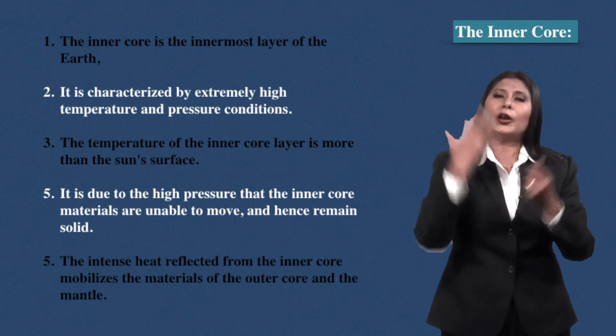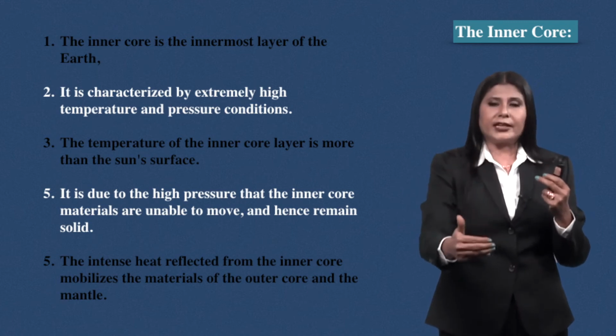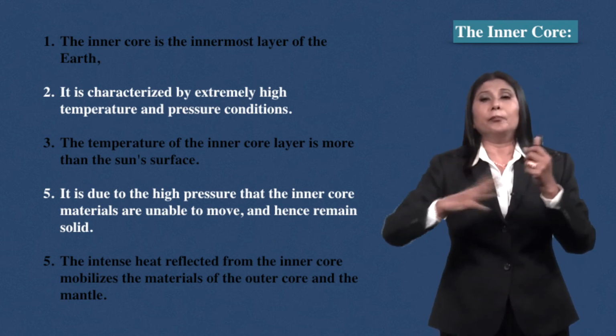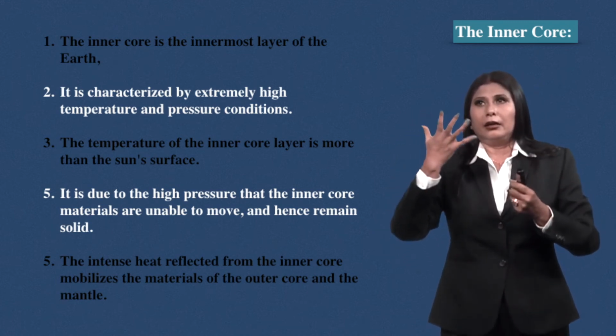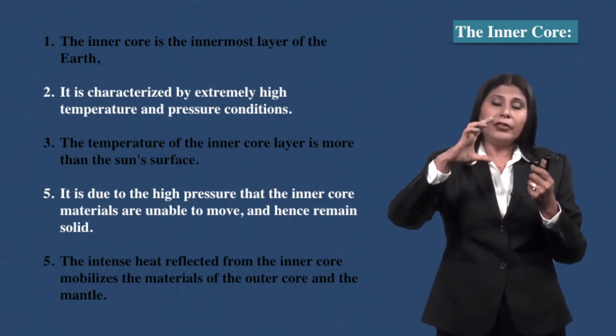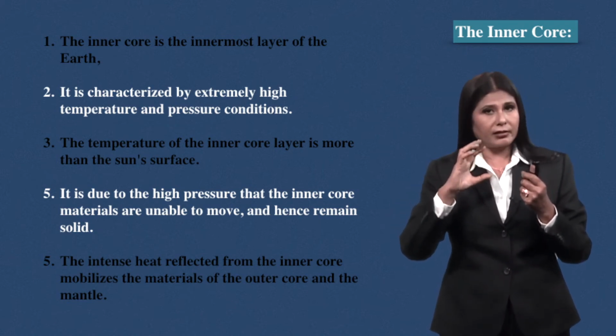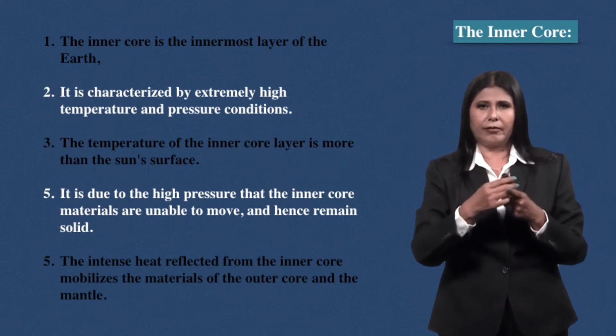We have seen in one of the previous diagrams that as the depth increases, the ratio between temperature and melting threshold also increases, and therefore, the interior part of the core is in a solid state, solid iron.